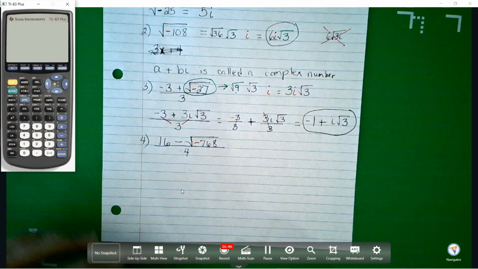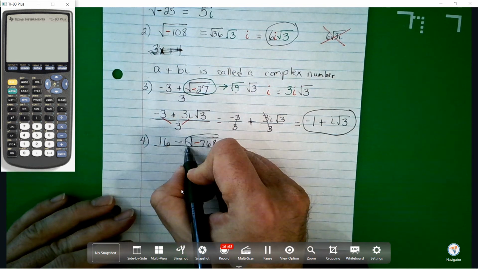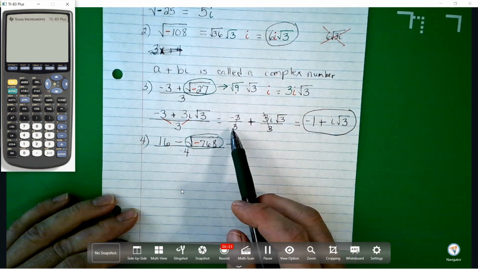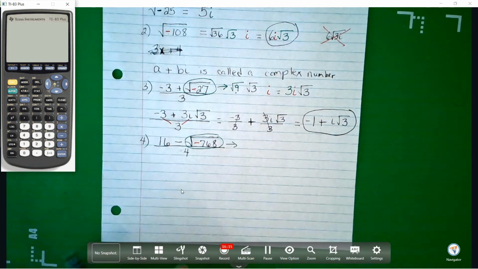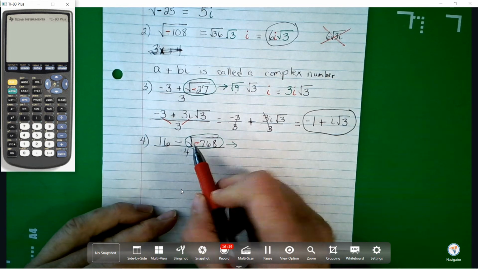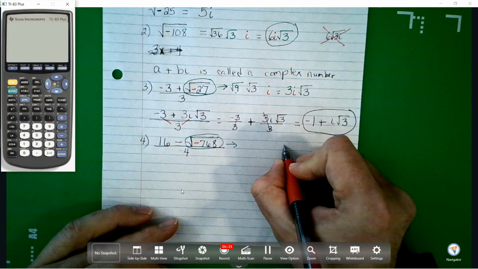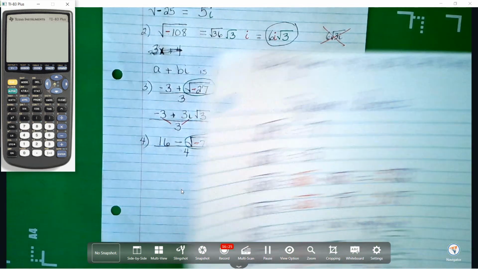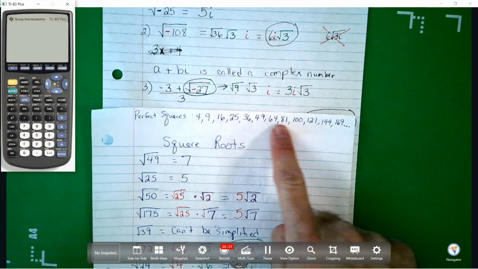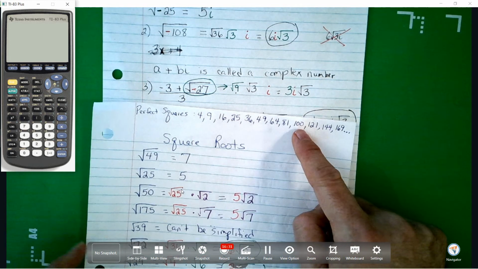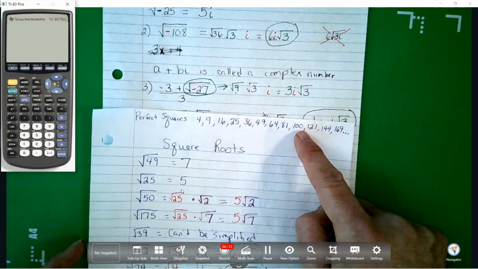I'm simplifying the square root right now, doing exactly what I did here, but unfortunately the number's a little bit bigger. Let me make a note that because of this red negative, there's going to be an i. So I'll put that there. And let's just start with my calculator, figuring out which of these perfect squares divides evenly into 768.